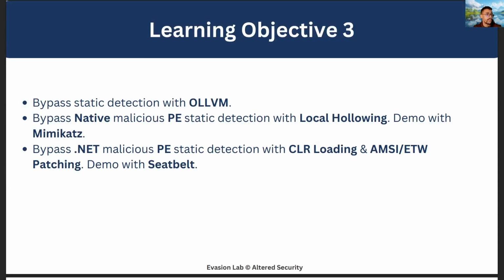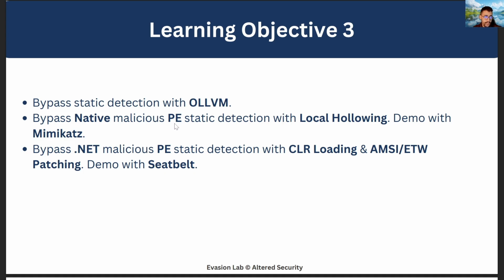Now let's resolve the learning objective tree. First of all, we have to bypass the static detection by compiling our project with OLLVM. We will demonstrate that in our native malicious PE loading in the second task.